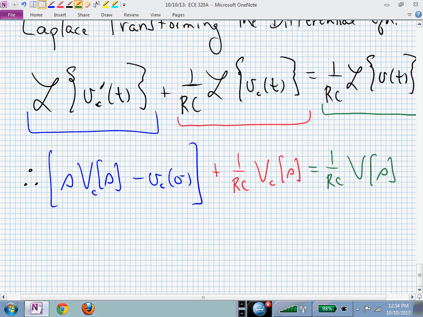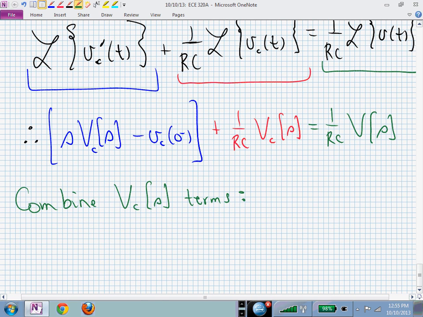What we want to do now is try to solve for capital V sub c of s, because that will give us some expression in s that we can inverse Laplace transform to obtain little v sub c of t, the capacitor voltage in the time domain. Let's then combine the terms involving capital V sub c of s.